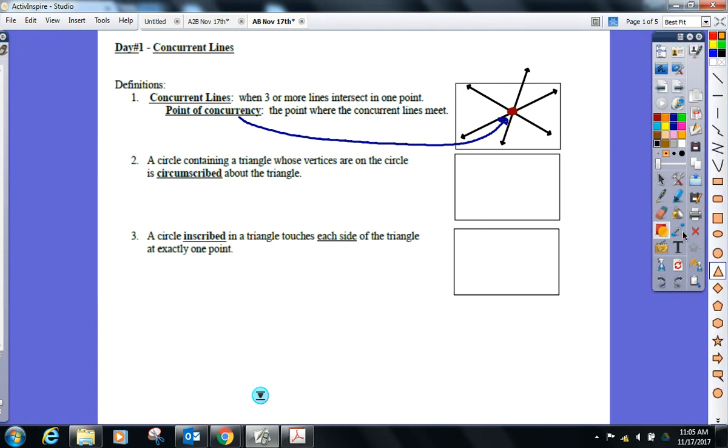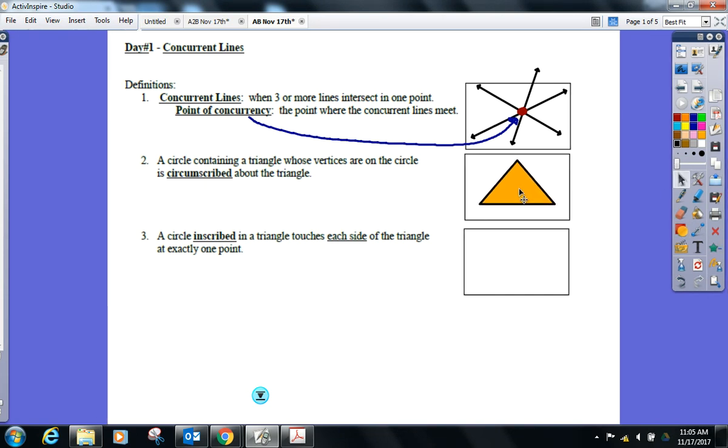Go ahead, make a triangle in that box for me. And please make a circle around it so each vertex touches the circle. You don't need a compass or a straight edge. We're just freehanding this.